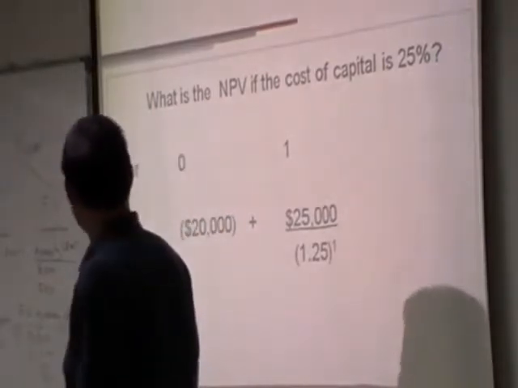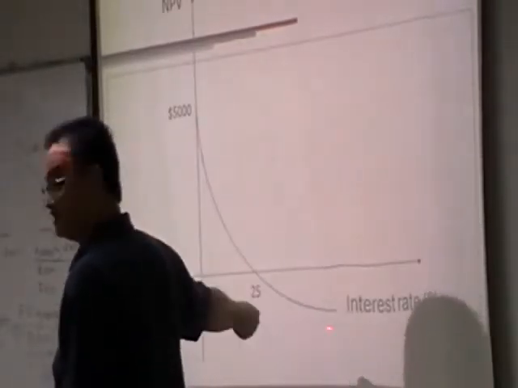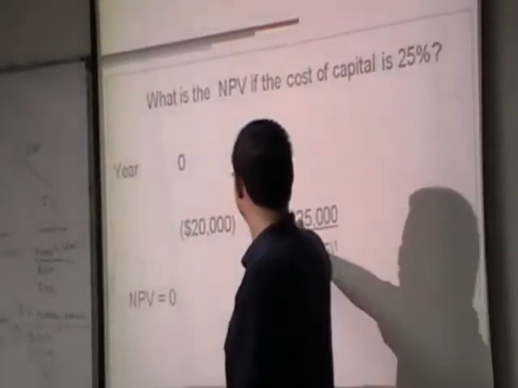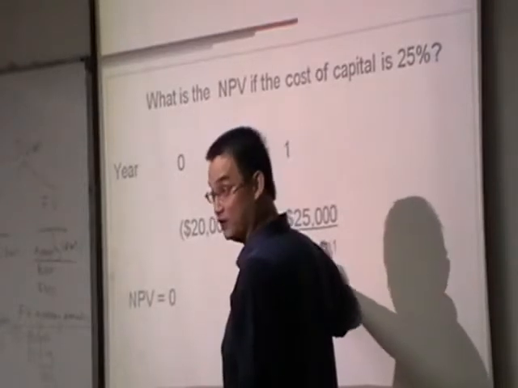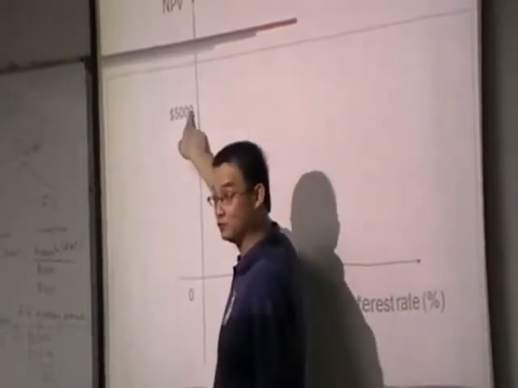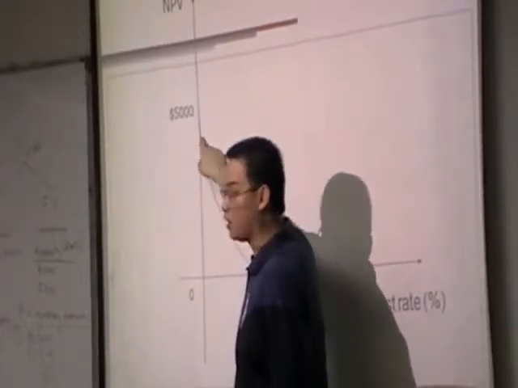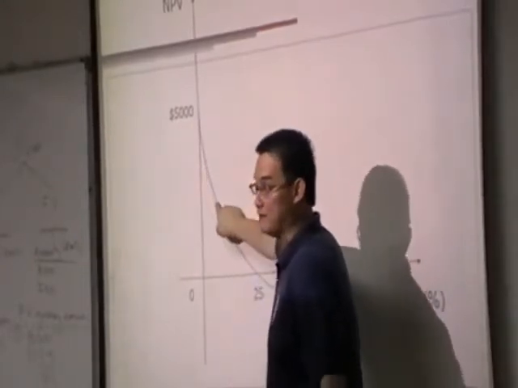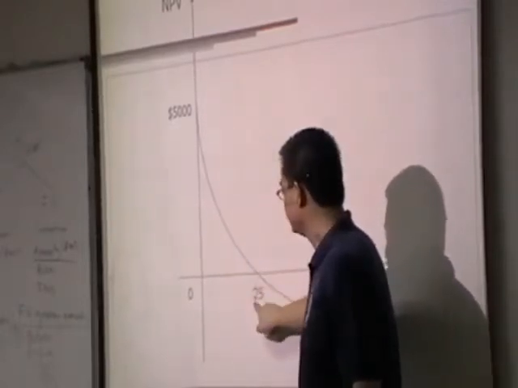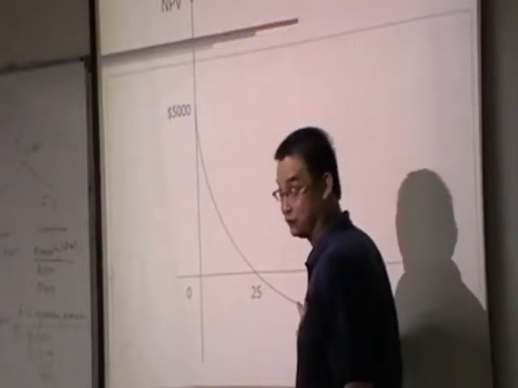Now, if you plot the graph, you'll be like this. At 0, it means 25,000 divided by 1 plus 0, which is 1. So 25,000 minus 20,000, that's where you get 5,000. But when your cost of capital is higher, your NPV will be lower, to the extent that after 25%, NPV will be negative.